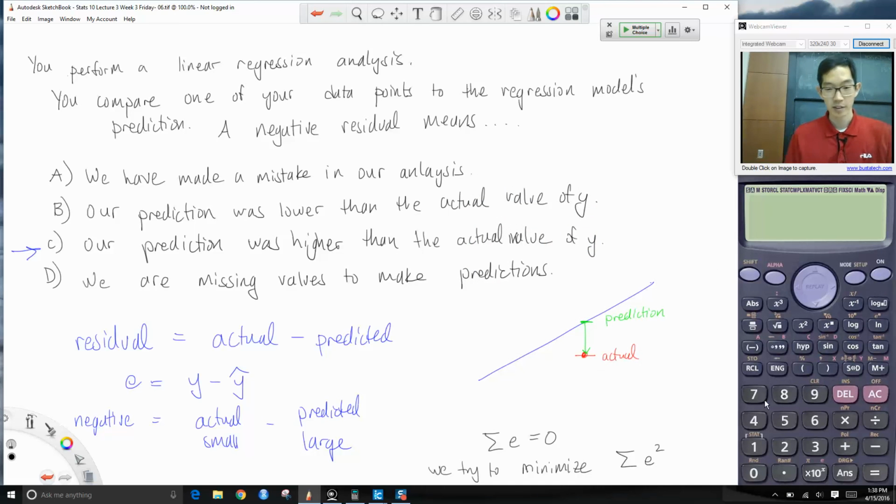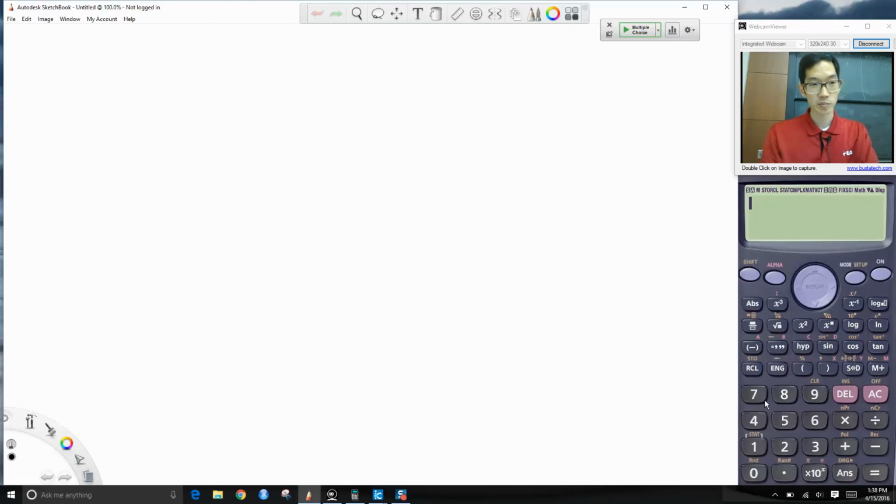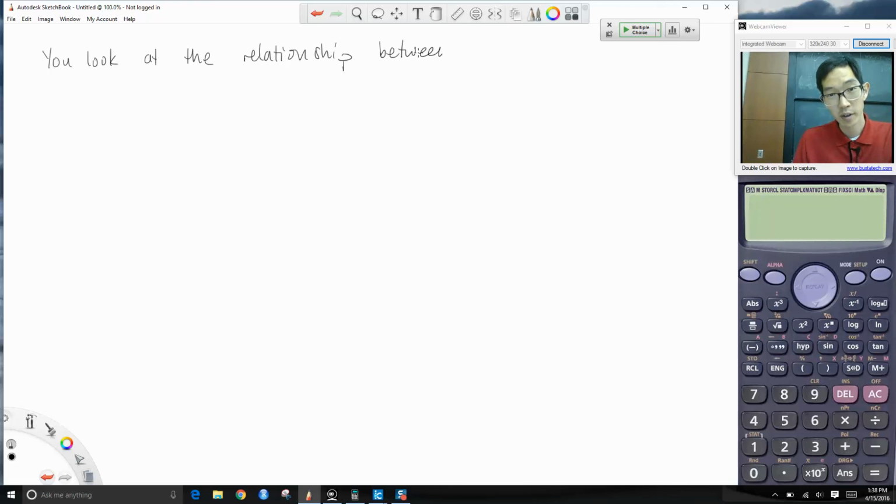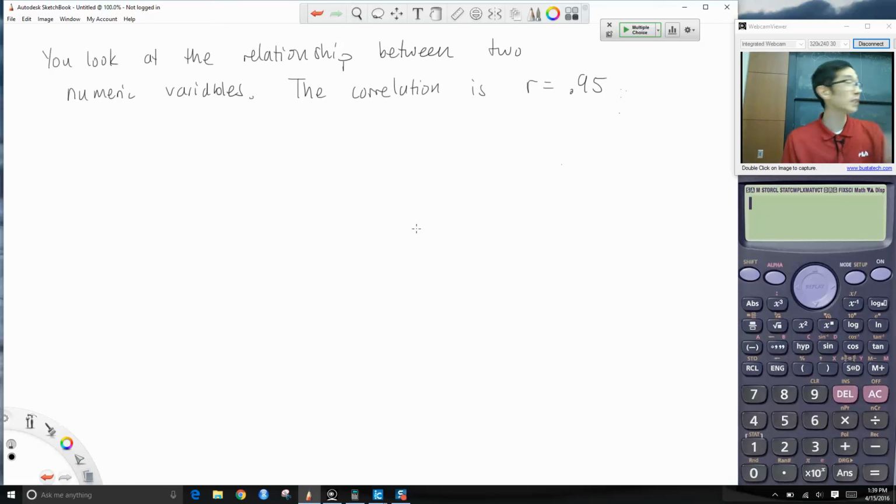All right, let's try another question here. You look at the relationship between two numeric variables. The correlation is r equal to 0.95.